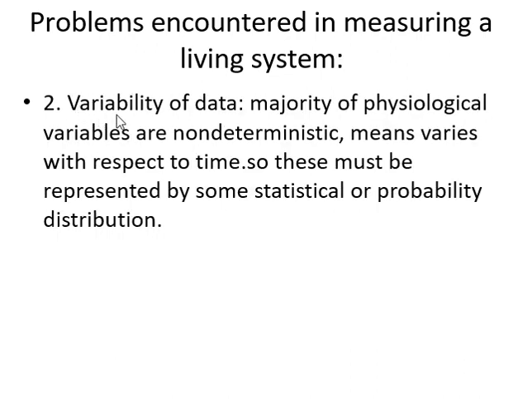And the second problem is variability of data. The majority of physiological variables are non-deterministic, meaning they vary with respect to time. So this must be described by some statistical or probability distributions.